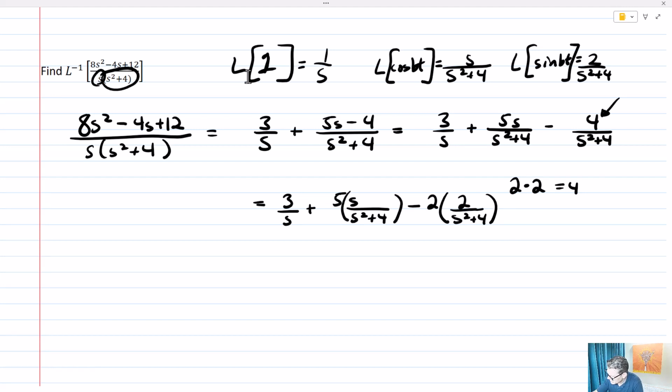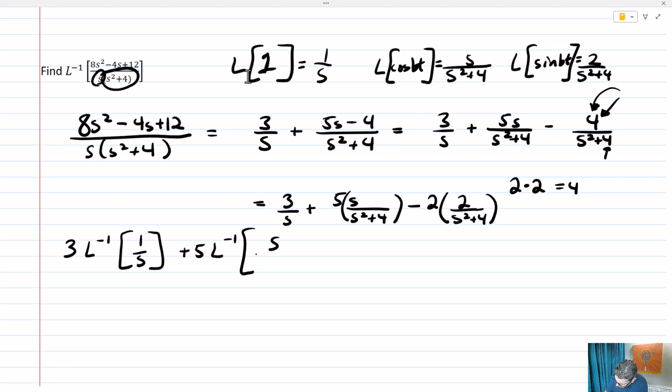And remember, whenever we have the sine of bt, we need to get the value in the numerator to equal the square root of the constant in the denominator. So now I can rewrite this as 3 times the inverse Laplace transform of 1 over s plus 5 times the inverse Laplace transform of s over s squared plus 4 minus 2 times the inverse Laplace transform of 2 over s squared plus 4.